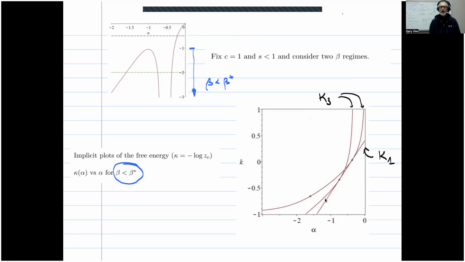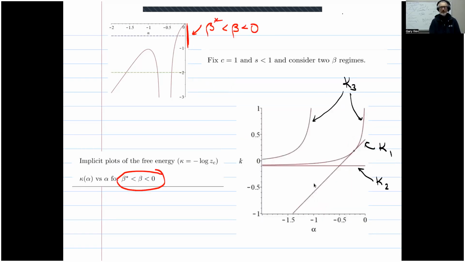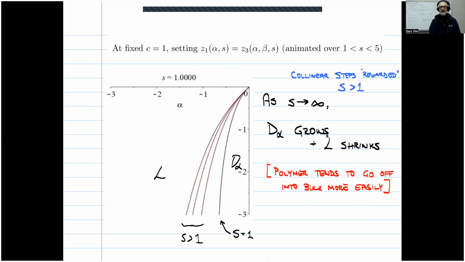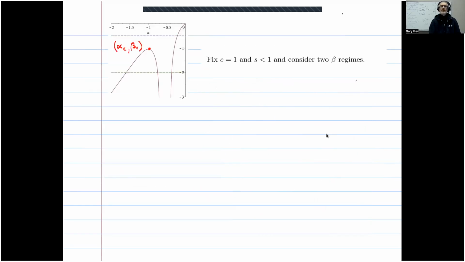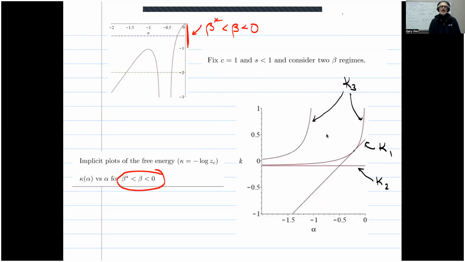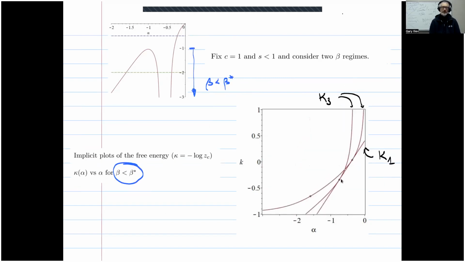And so they've moved from the previous case. So what is happening here? These two curves have moved as I change the value of beta, and this far curve has kind of encroached in here, and now is tangential to the D alpha phase.